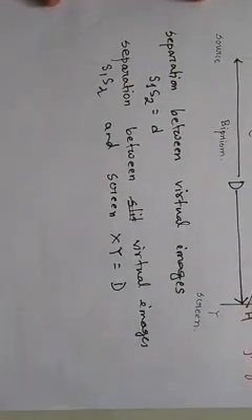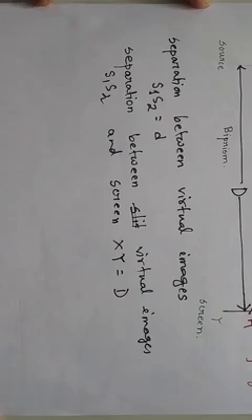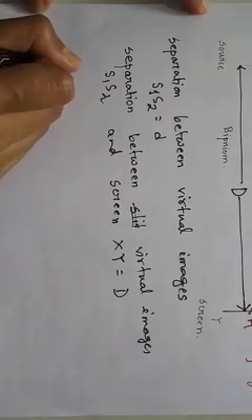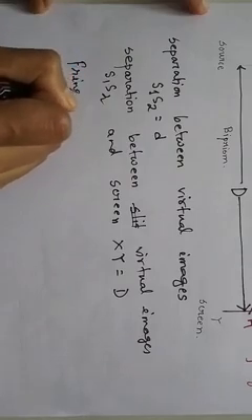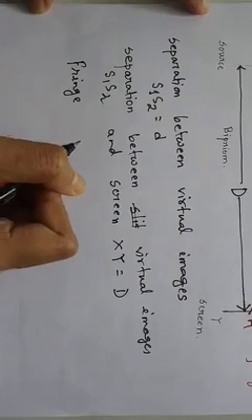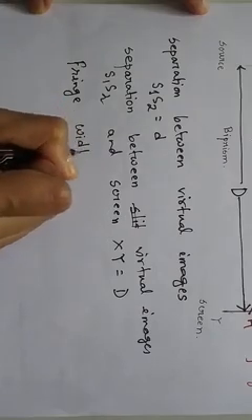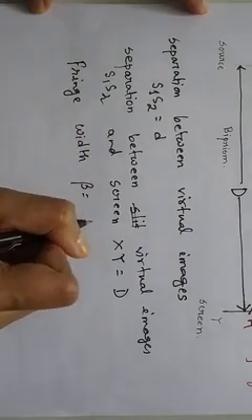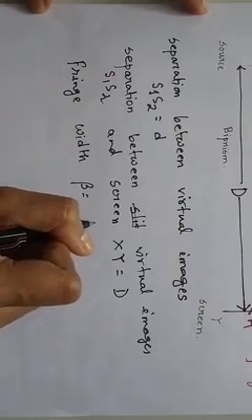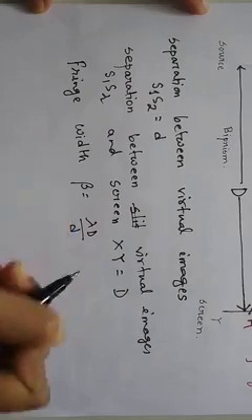Now, if the wavelength of the monochromatic light source S, which we have used, is lambda, then the fringe width will have the same expression as in Young's double slit experiment. So fringe width is given by beta equals lambda D by d.